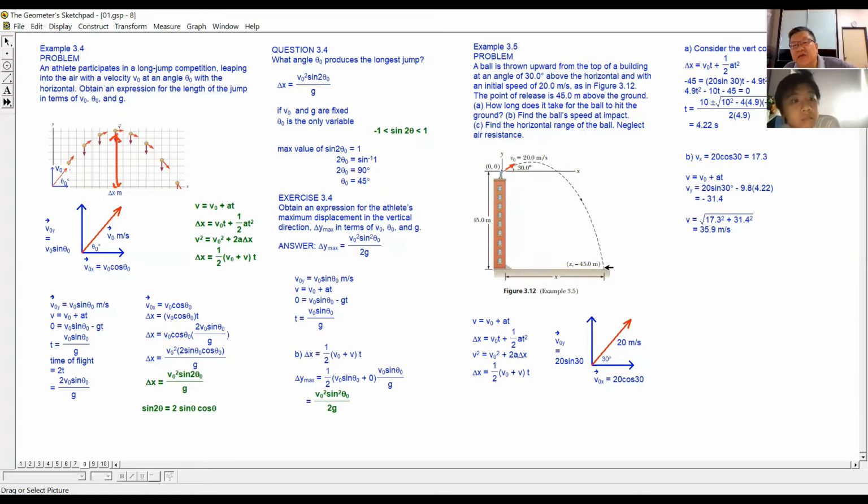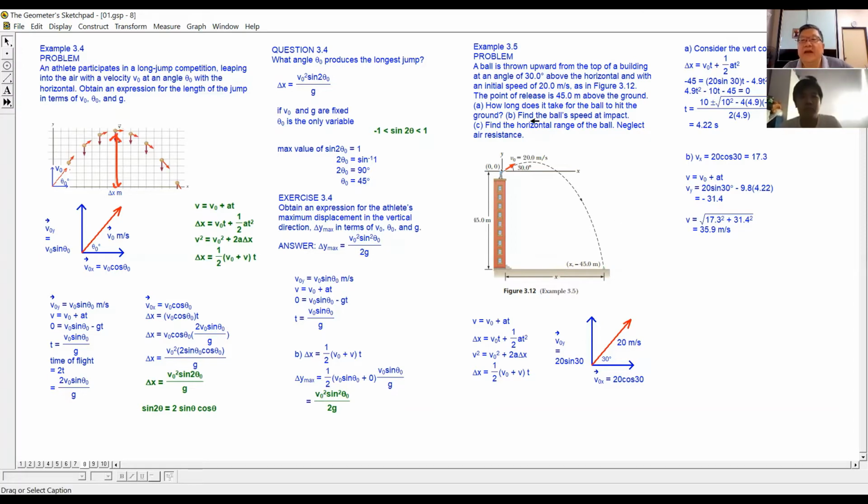Then the condition is it must have traveled negative 45 meters, because the height is 45 meters, so it must have gone up and come down 45 meters. When it has come down 45 meters, then it would have covered the range. So we use this condition to find it.